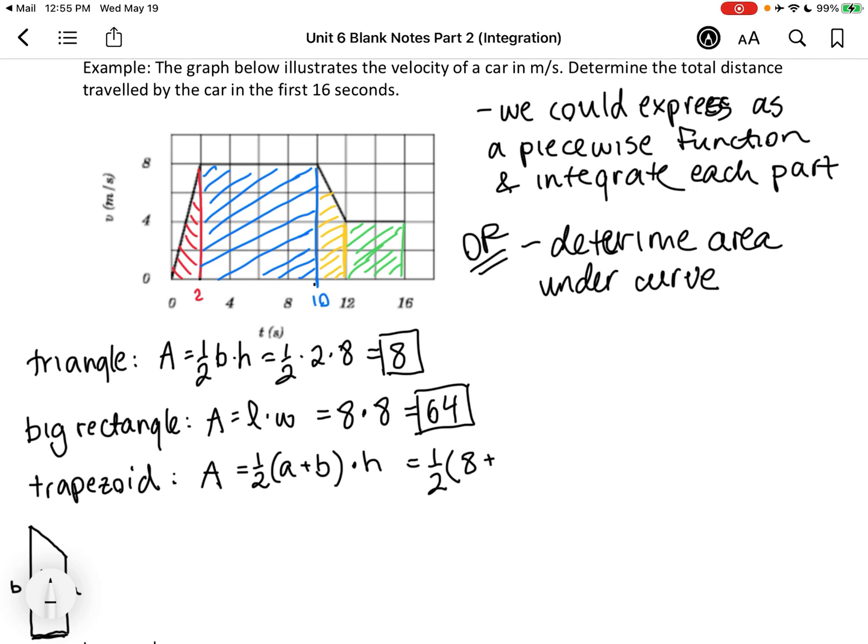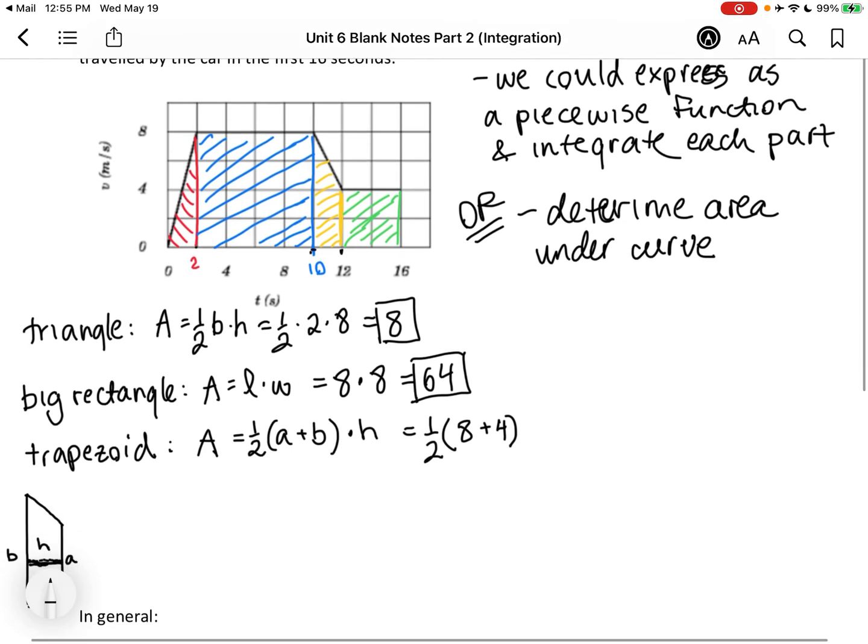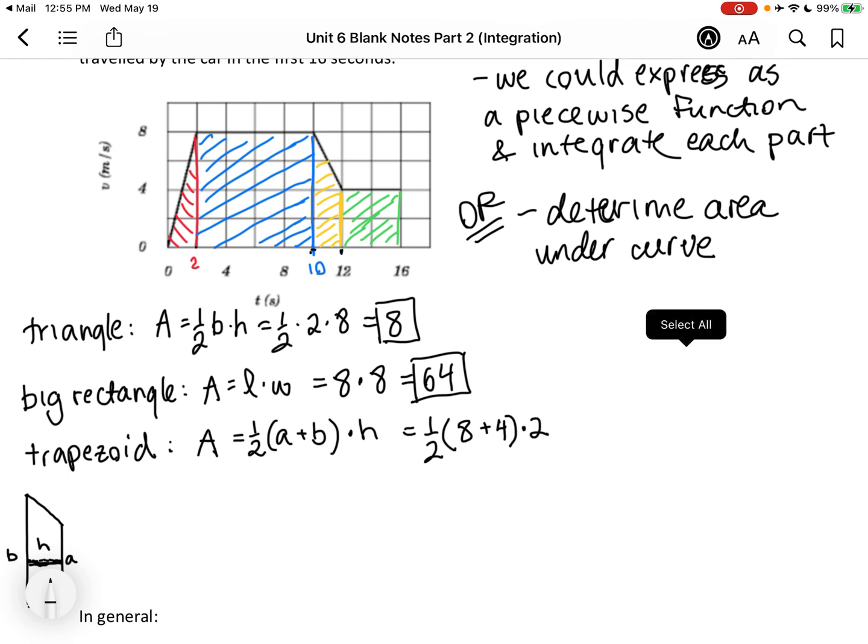And our B, the shorter side, is 4, or you could swap them, it doesn't matter. And then from 10 to 12, that's the perpendicular height, even though it's sideways, is 2. So 1/2 times 2 makes 1, and then 1 times 8 plus 4 is 12. I'm a step ahead of myself in my head.